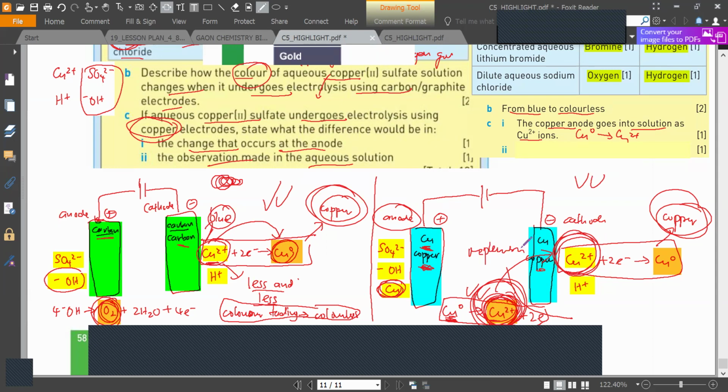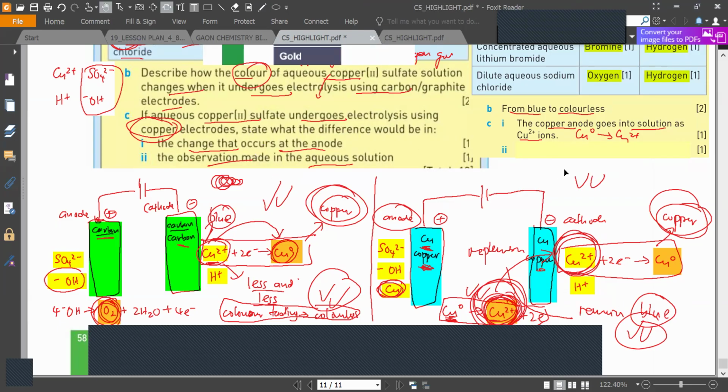The copper 2 plus is constantly replenished, so it remains blue. This one will turn colorless, and this one will remain blue. That's the difference when we change the electrode: no change in color, it stays blue.